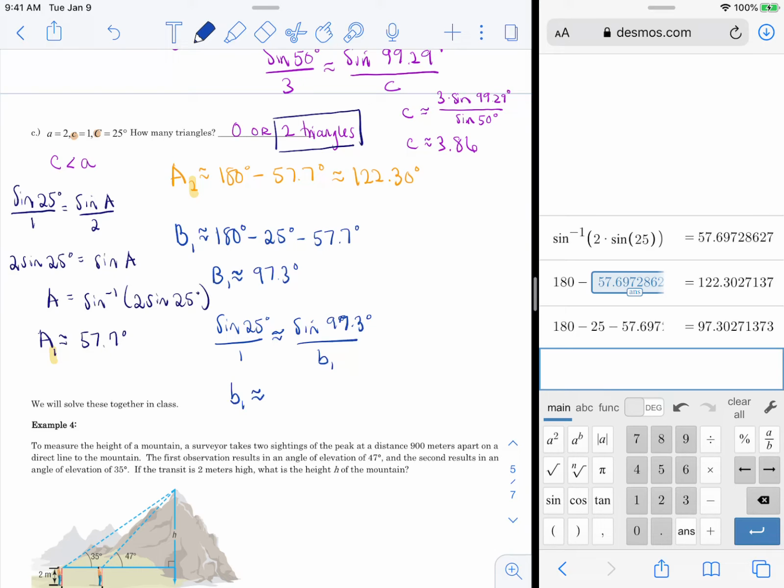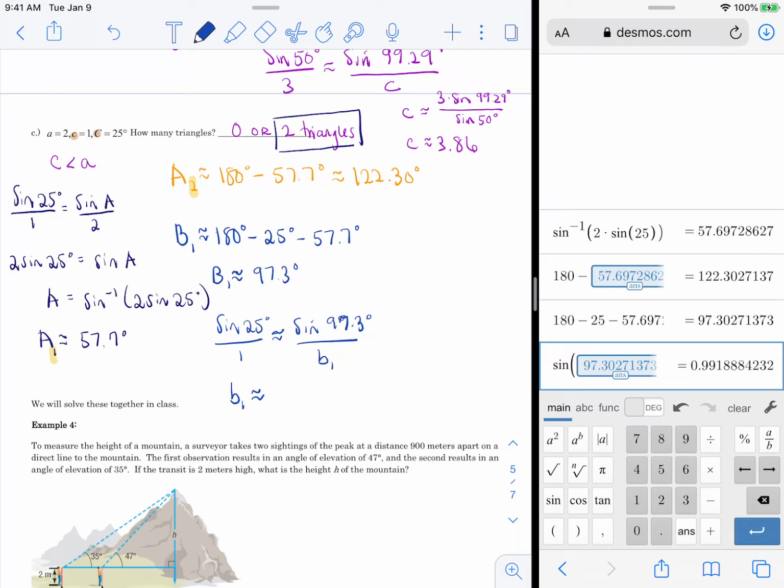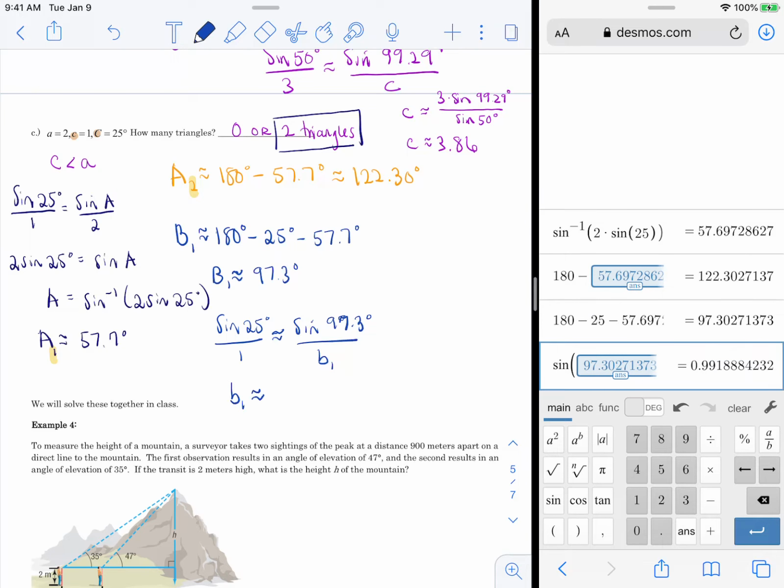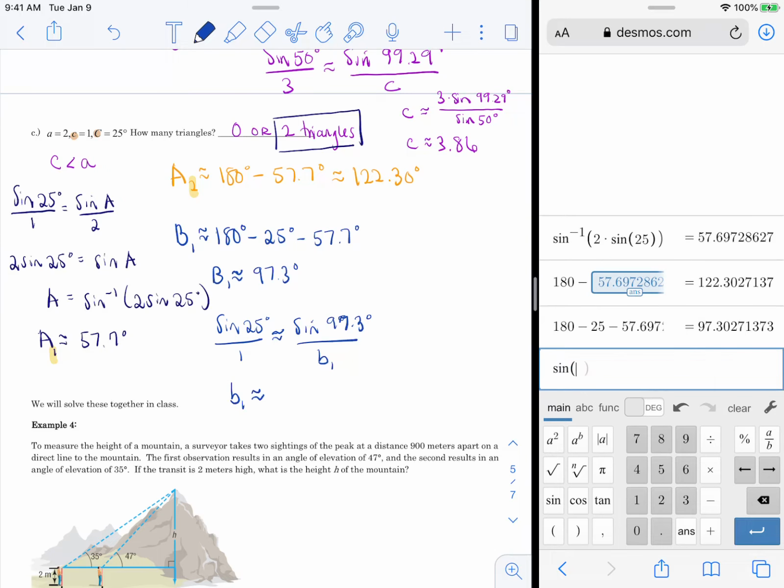Okay, so I get sine of the answer, sine of B, times 1, which we do not have to do. And then I want to divide it, so I should have done the division first. It's much easier, so I'm going to go back.